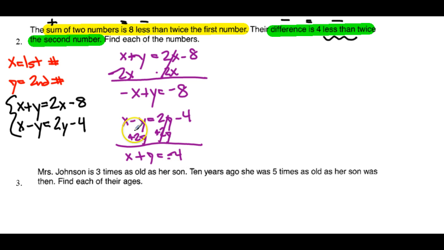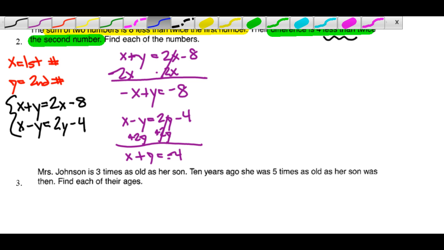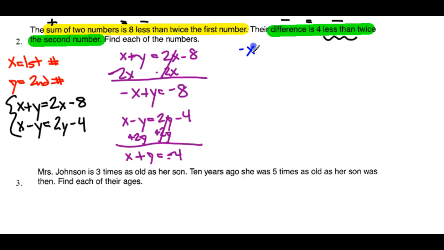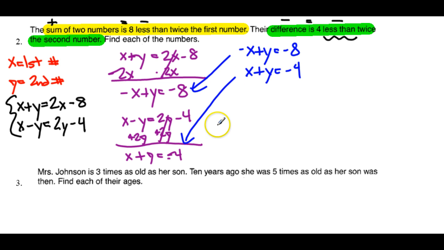Alright, so let's rewrite these two equations so they look like a system, so we can look at them and see what the best way will be. So now we have negative x plus y equals negative 8. And we have x plus y equals negative 4. Once again, these came from the two equations after we changed them.